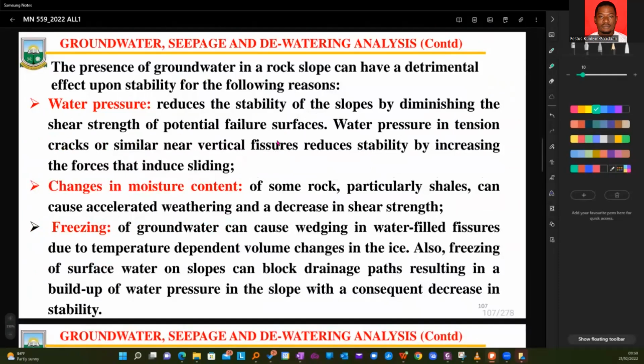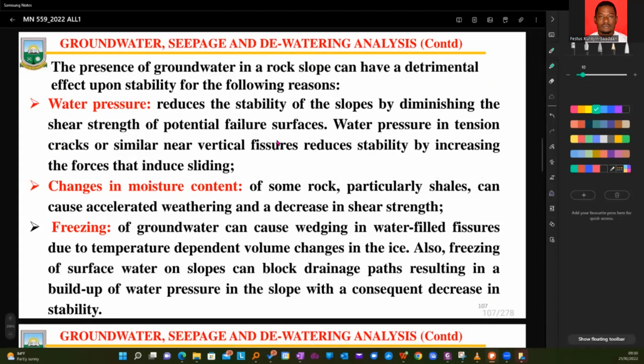The presence of groundwater in rock slope can have a detrimental effect upon stability for the following reasons: because of the water pressure and the changes in the water content.